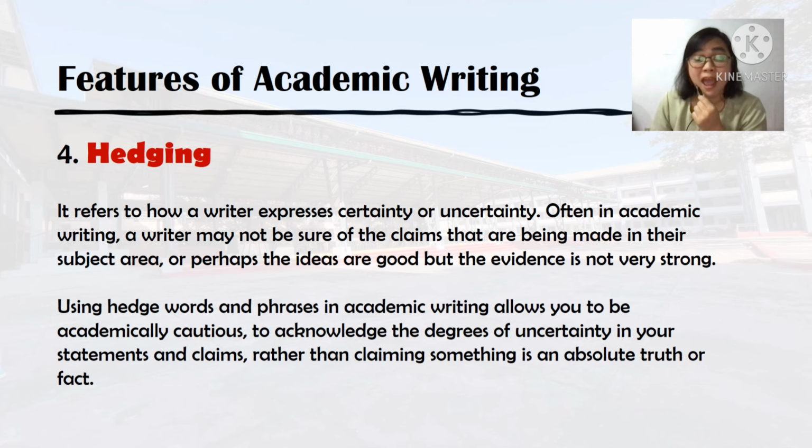Or perhaps, the ideas are good, but the evidence is not very strong. So using hedge words and phrases allows you to be academically cautious, to acknowledge the degrees of uncertainty in your statements and claims. Another word for hedging is cautious language.